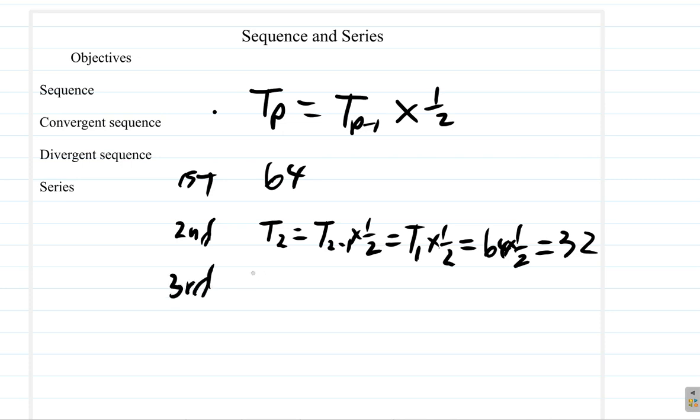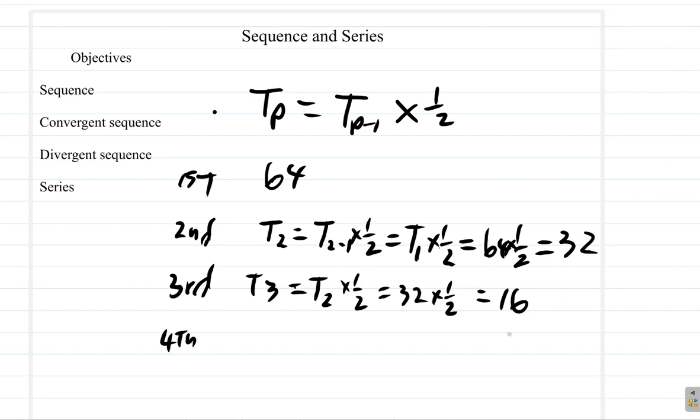What about the third term? T3 is T3 minus 1, which is T2, the previous term, times half. It is 32 by half. Half of 32 is what? 16.